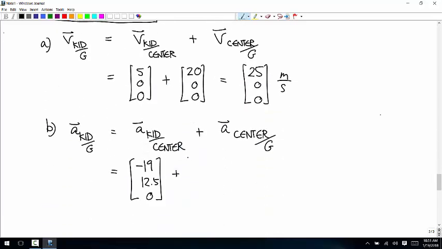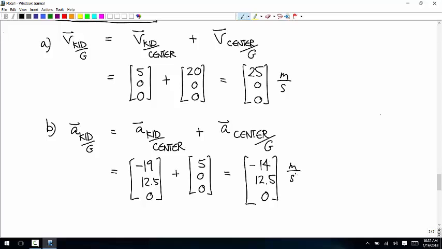And then the acceleration of the center of the carousel is 5, 0, and so you get negative 12.5 meters per second squared. And since the truck is accelerating, if you treated the kid's acceleration as being this, it would screw up Newton's second law. But since the ground is inertial, if you correct for the fact that the truck's accelerating with the relative motion equation, you get something you can use in Newton's second law.